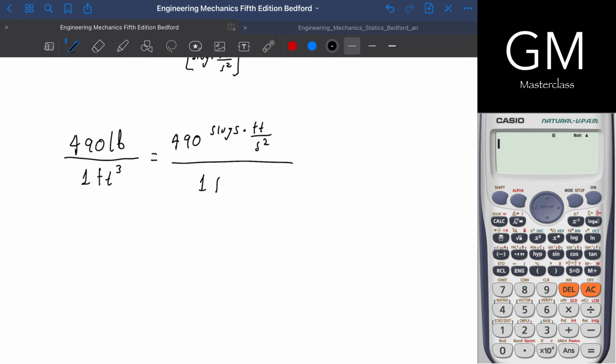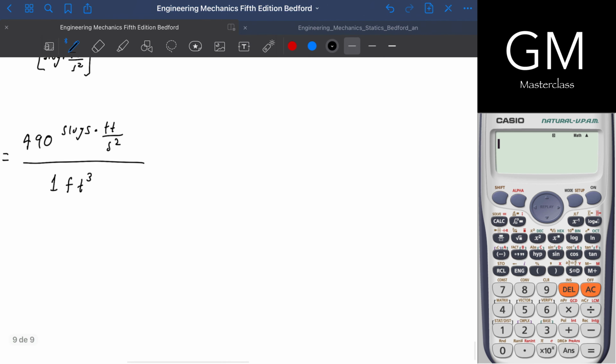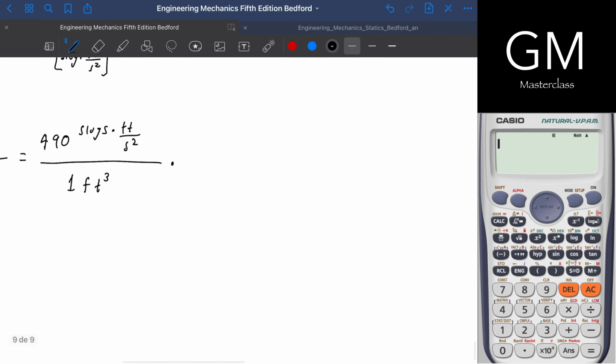And I'll have here 1 feet to the third power. First, let me change the upper side of the division, I mean the numerator part of the division.